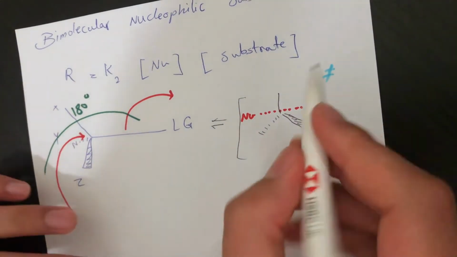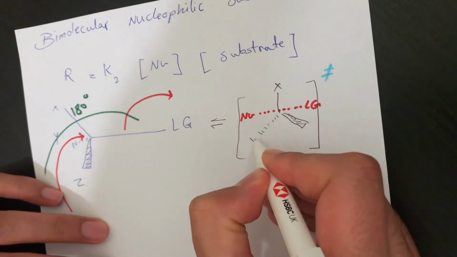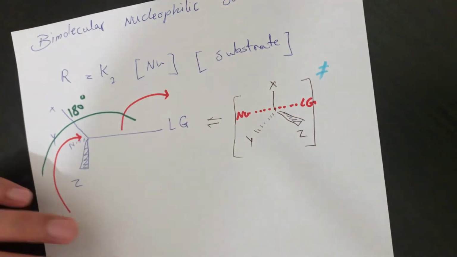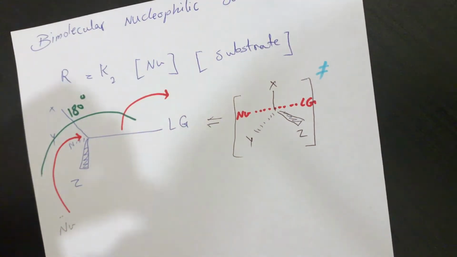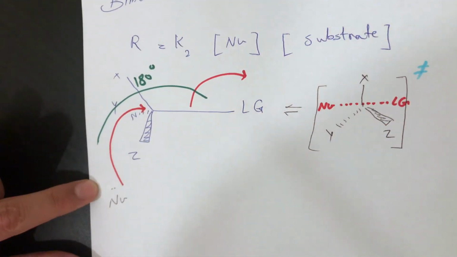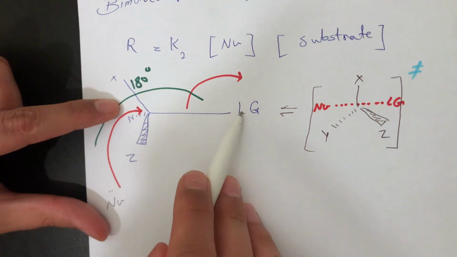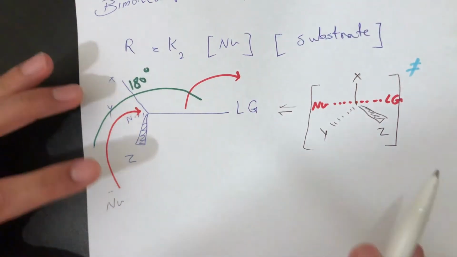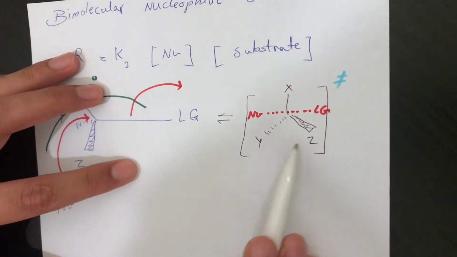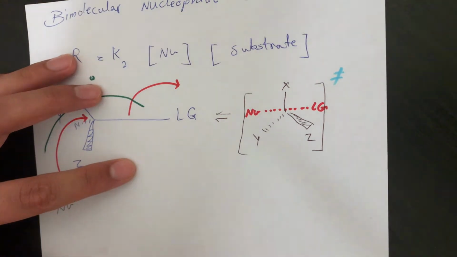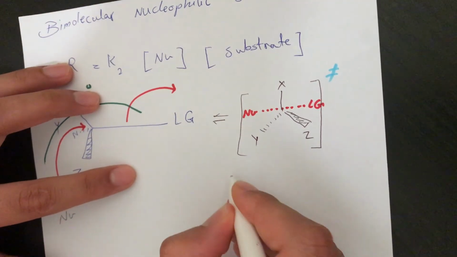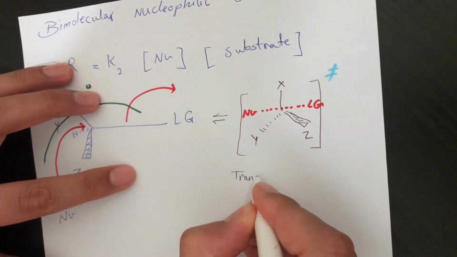And I can say this is X, this is Y, and this is Z. So at some point when the nucleophile attacks the carbon, before the leaving group leaves, they face each other, which can be shown in the transition state. This is the transition state, so I just write it down here for you.